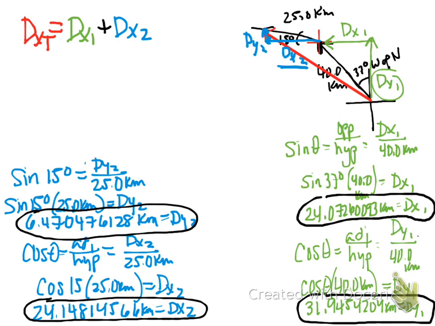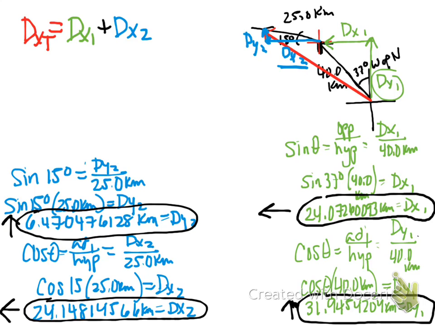So for my dy1, it's north. For my dx1, it's west. For my dy2, it's north, and for my dx2, it's west. So they're all heading in the same direction, which makes it very simple. You don't have to worry about sign or anything else.